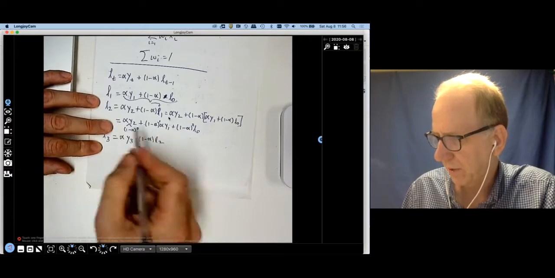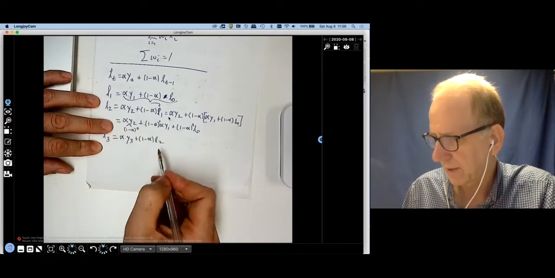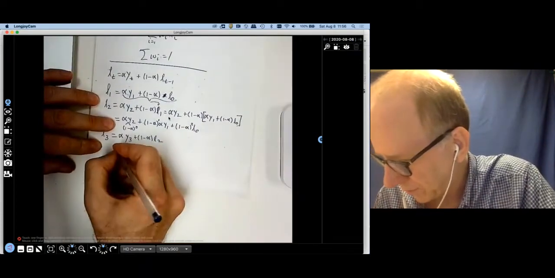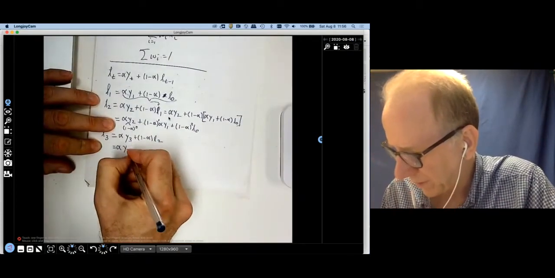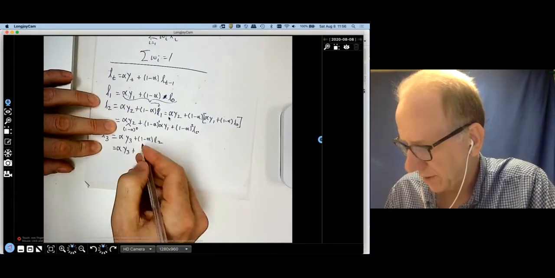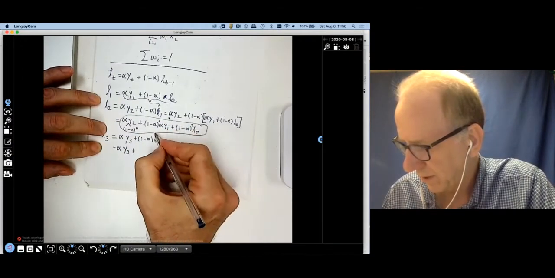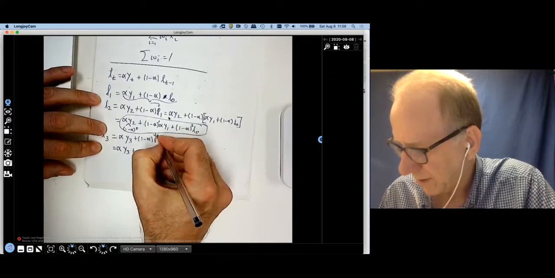And my L2, I just worked really hard to give me this big mess up here. All right, so this is equal to alpha y3 plus, let's just drop all of this in for L2. That's an arrow.